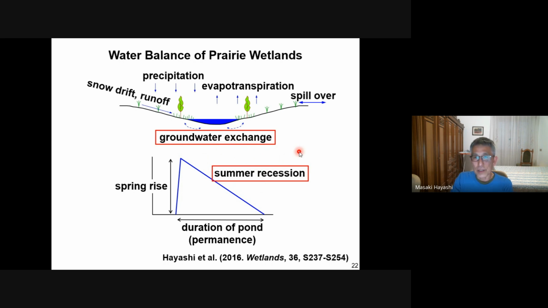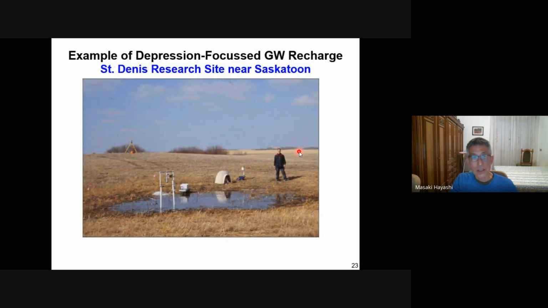I'll just show you an example of this groundwater recharge process under these ponds. Here is an example of an experiment we did in the Saint-Denis site. This is a very little pond in the middle of the cultivated field, but we put a lot of sensors and piezometers to monitor the groundwater levels.